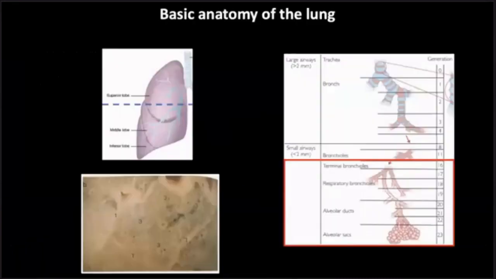Just a basic anatomy 101 for people that do not know the lung very well, which probably there are some in the audience here. The lung is a quite complex organ, and of course you have lots of airways in there, lots of airway generations. What is important to realize is that all these structures are difficult to see.